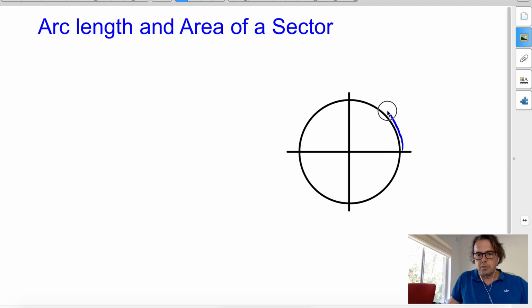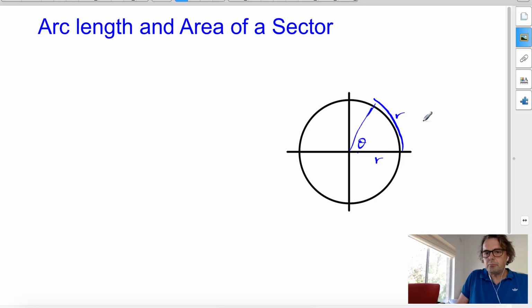Arc length is the distance you travel along a circle, and we know that for 1 radian, the angle theta here, if that's 1 radian and the radius of the circle is r, then the arc length here is r as well. That's how radians are defined. So for theta of 1 radian, the arc length is the same as the radius of the circle.